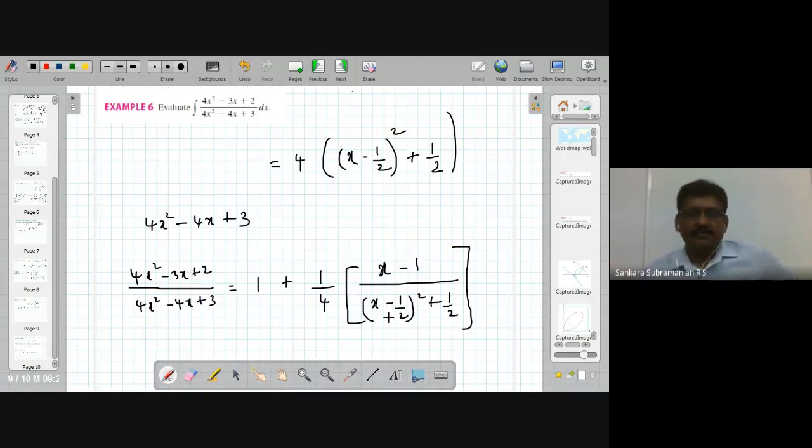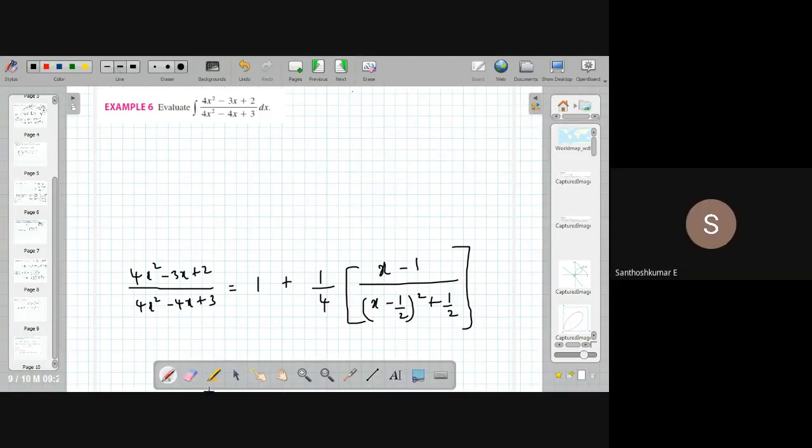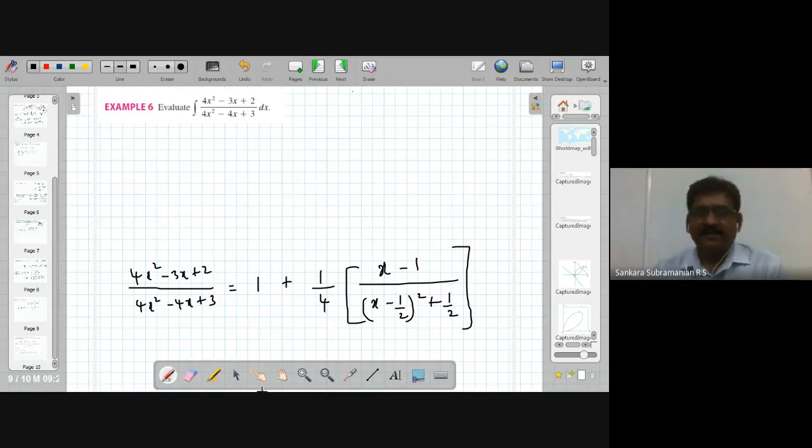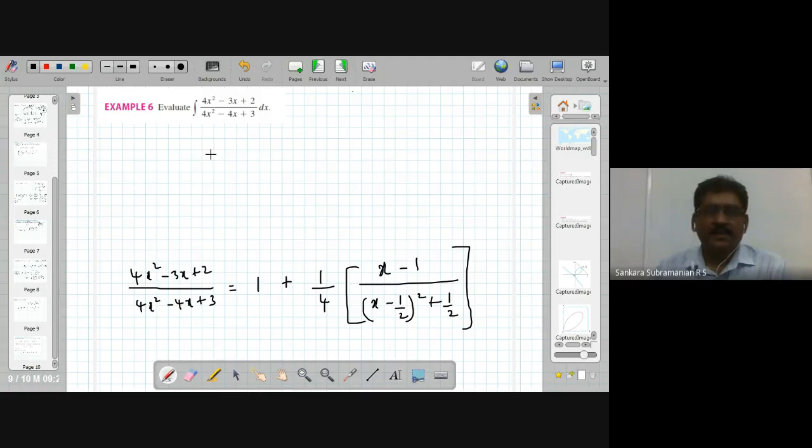அடுத்து என்ன பண்ணணும்? What is the next step? Integrate பண்ணலாம் சார். Integrate பண்ணணும். இது ரெண்டு split பண்ணணும்.